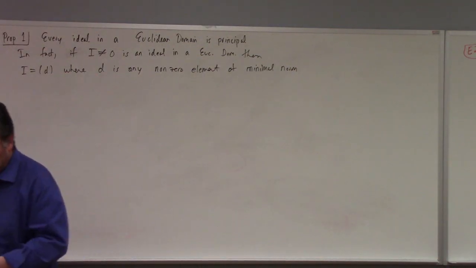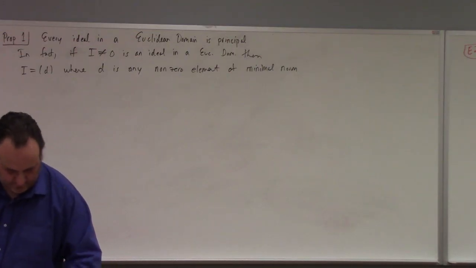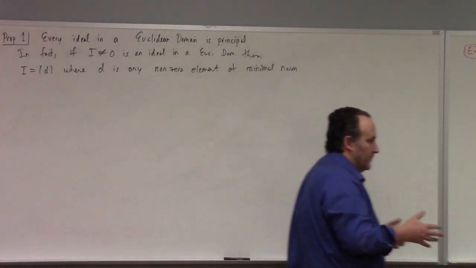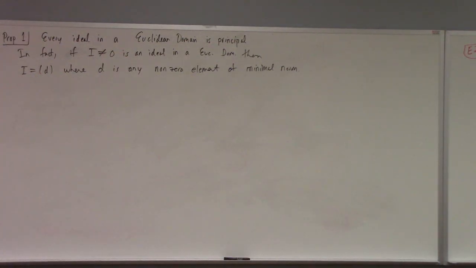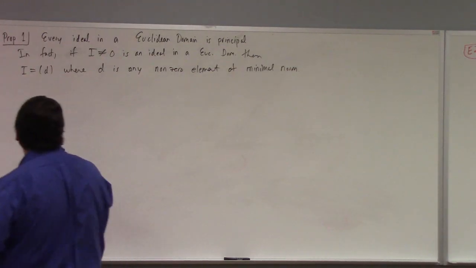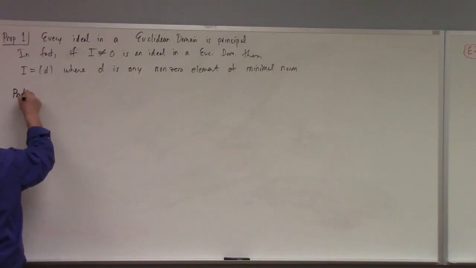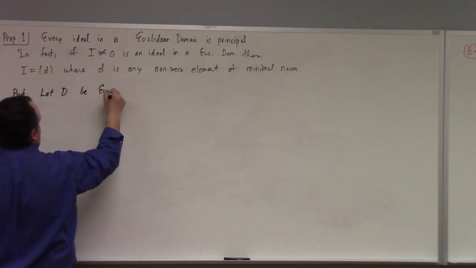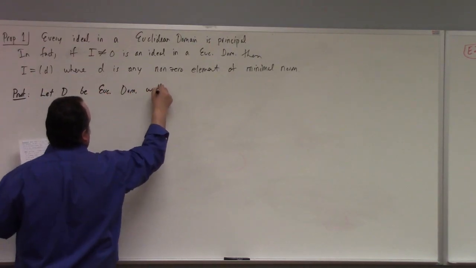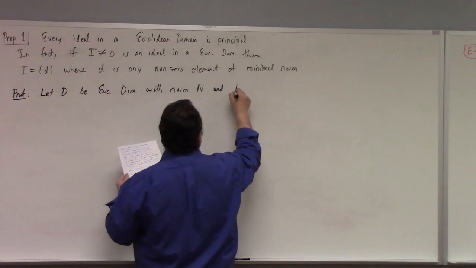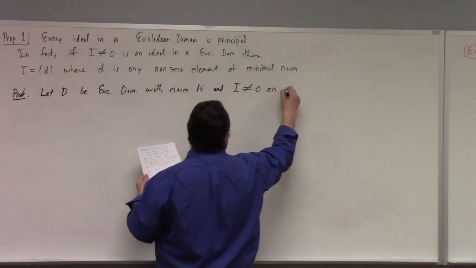All right. So the proof is really quite straightforward. What we do is we assume we have a Euclidean domain with norm n, and I not equal to 0 an ideal.